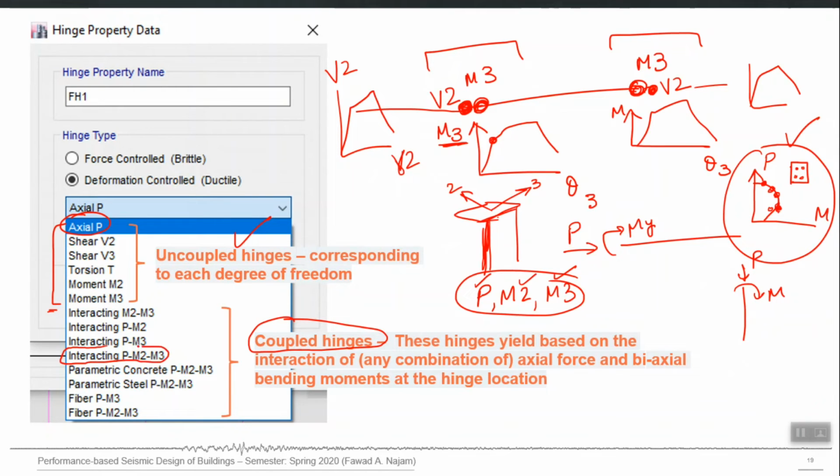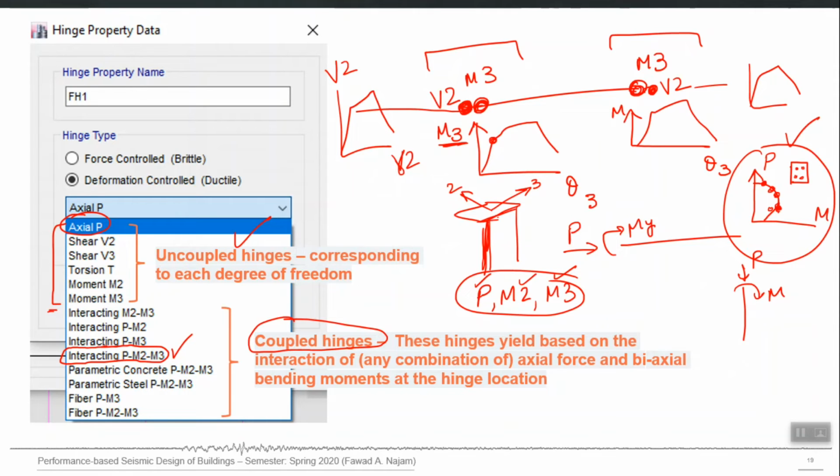Now this is a plastic hinge in which you will not only define the m theta curve for one particular degree of freedom and that's all. It's not that. Here you will be defining the m theta curve for different degrees of freedom, M2 and M3 both, and at the same time you will account for the effect of axial load on the shape of that m theta curve, right?